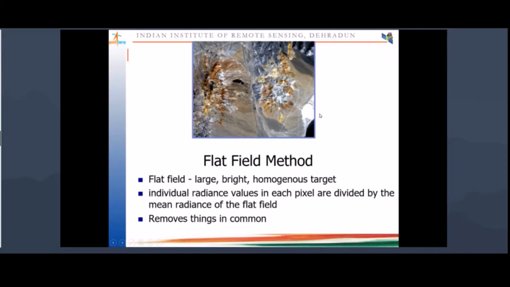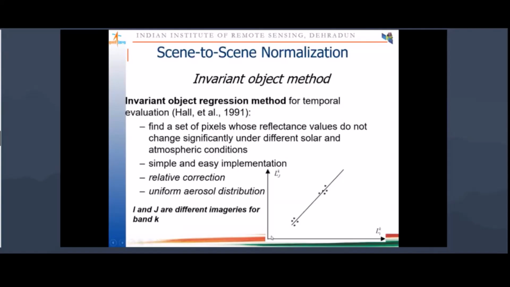However, if you have some pseudo invariant features in both these images, you can plot a curve between the radiance values of image number 1 and image number 2. You can consider one of them to be master and the other to be slave. So with respect to one, you try to do a normalization of the other.